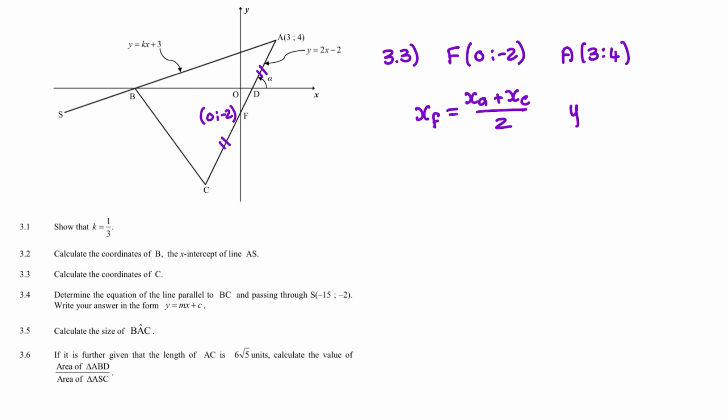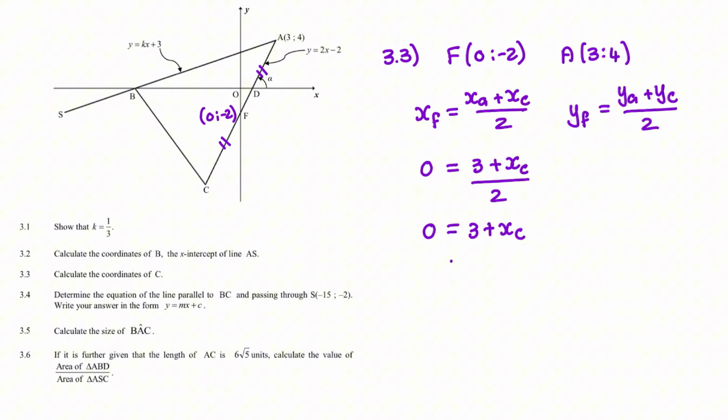And the y of F is equal to the y of A plus the y of C, divided by 2. Now the x of F is equal to 0. X of A is 3. We don't know the x of C, and we divide that by 2. So if I multiply 0 by 2, I have 0 equals 3 plus xc. Therefore, the x of c is -3.